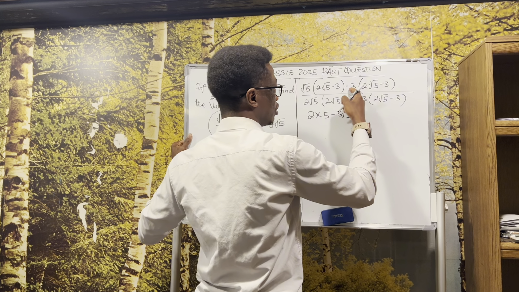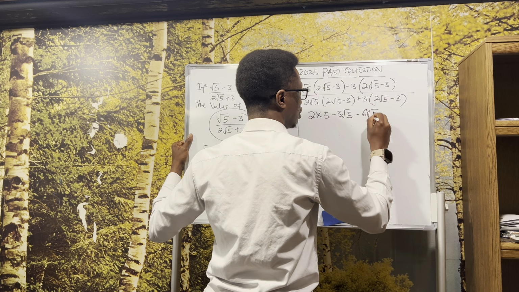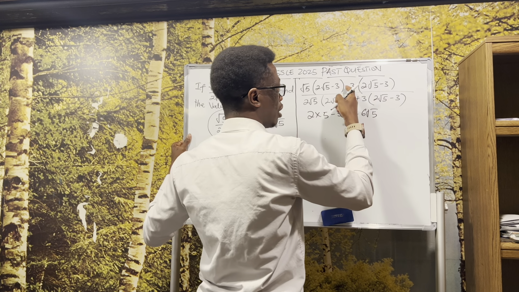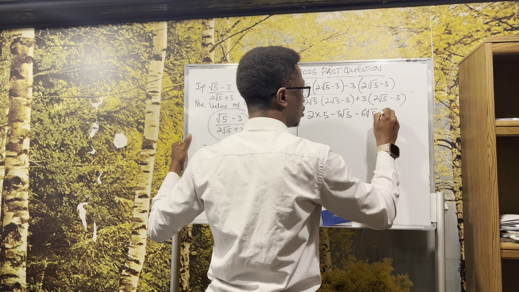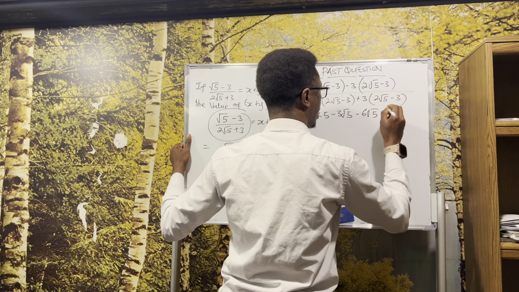You come again to this one and multiply: this and this becomes 6 root 5. Now minus times minus becomes plus, so 3 times 3 becomes 9.